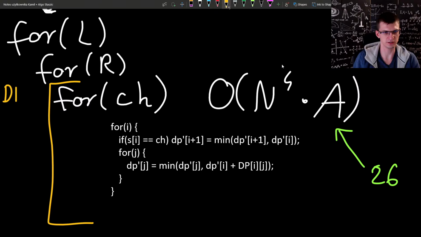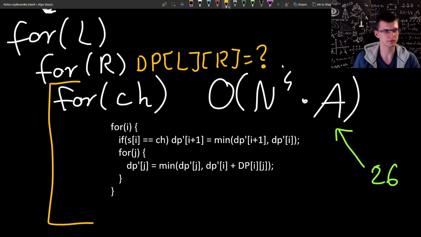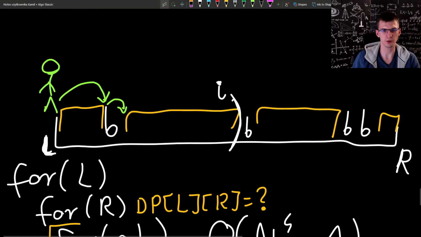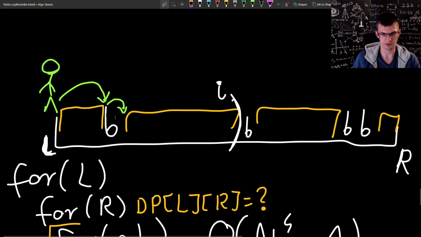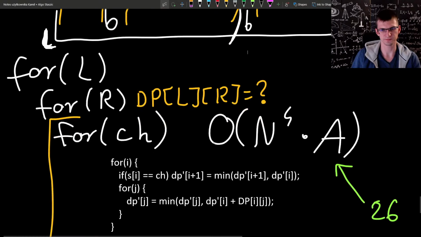But after iterating over L and over R, we'll say dp of LR is what? At the end, I will print dp of 0 and -1. The goal of this is to compute the optimal way to split the interval into those shorter intervals and some characters like b.